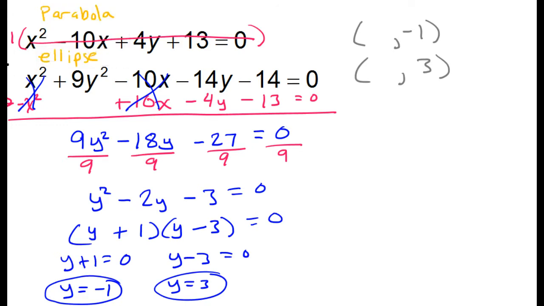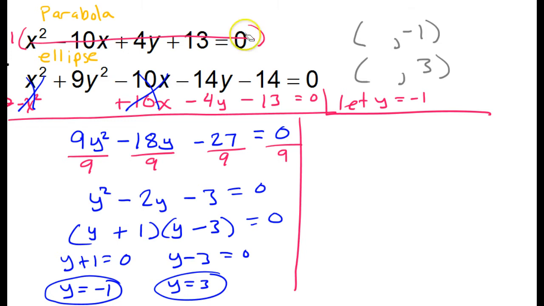Alright, so for example, we can let y equal -1. I'm going to use the top equation, the one I drew a line through. So let me erase that line so you can get a better view. But everywhere you see a y, I'm going to put a -1.